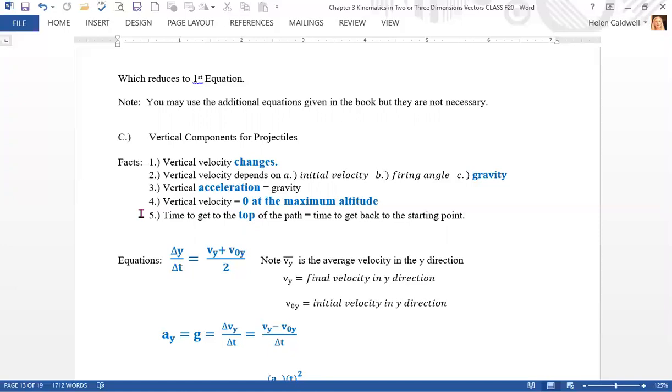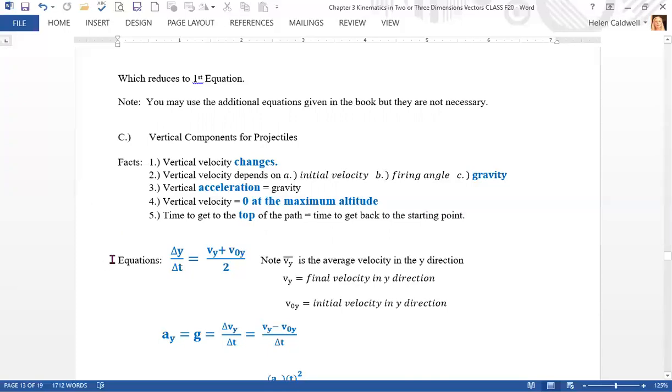So for the projectile's path, if you drew a vertical line right down the middle from the top of the path to the ground and you folded things over, they would match up. So the time to get up is equal to the time to come down. But that's only true if you start and stop at the same altitude. If you are throwing rocks up and over and then they go down off a cliff, like at the Grand Canyon, which you should not do, then you get a different value.